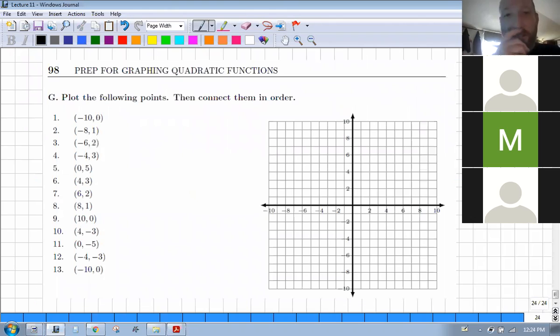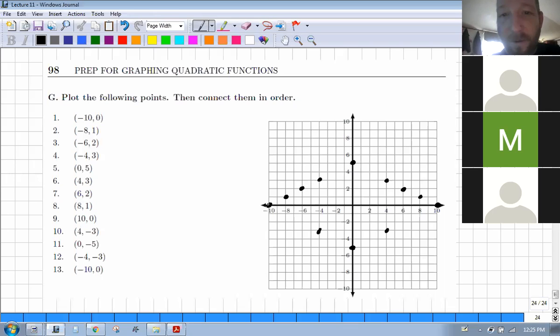Plot the following points, then connect them in order. (-10, 0), (-8, 1), (-6, 2), (-4, 3), (0, 5), (4, 3), (6, 2), (8, 1), (10, 0), (4, -3), (0, -5), (-4, -3), (-10, 0).